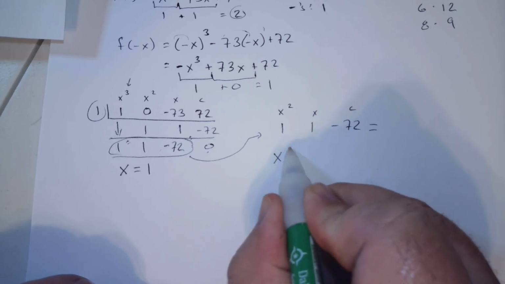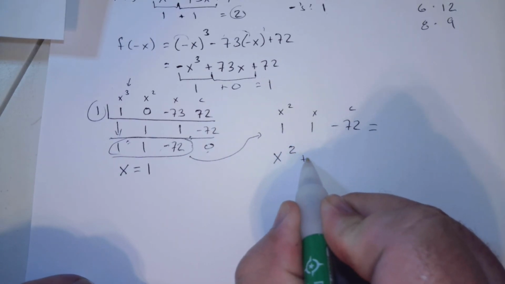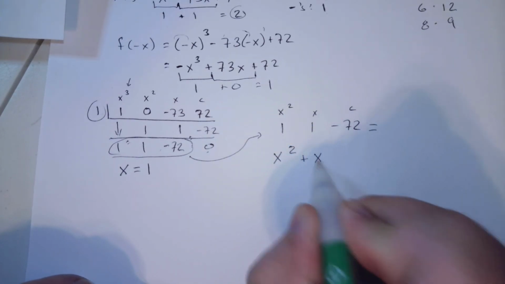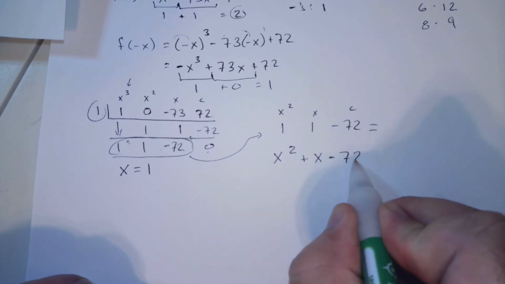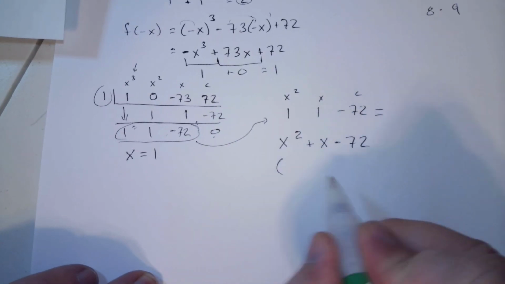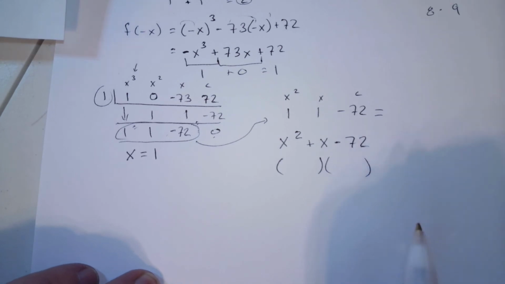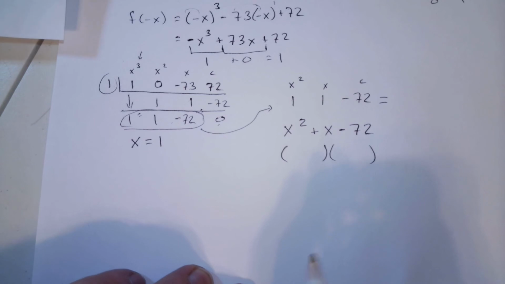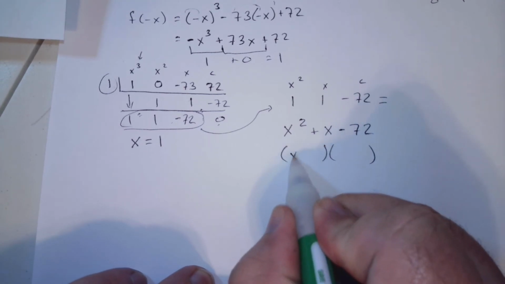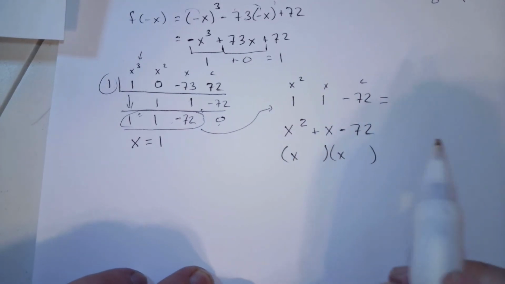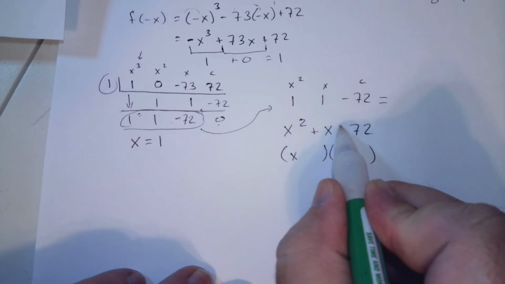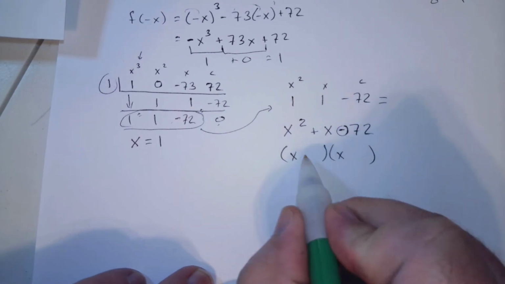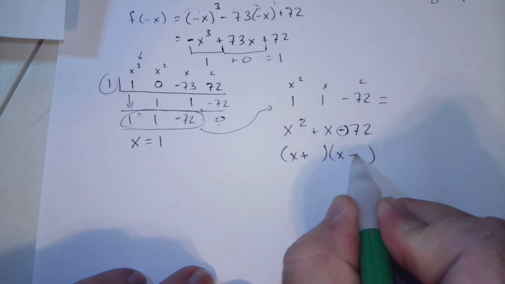So we have x squared plus x minus 72. We can go ahead and factor that. X and x. Remember, we're supposed to have one more positive and one negative. And that's exactly what this tells us. Because it's negative, one answer is going to be positive, one answer is going to be negative.